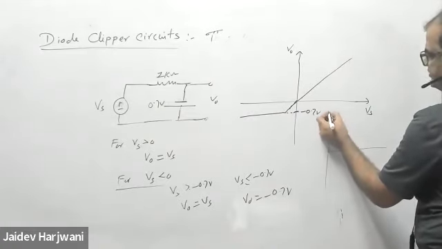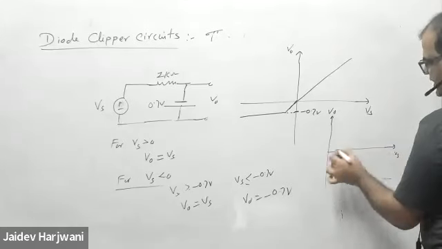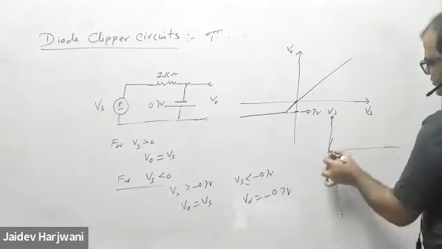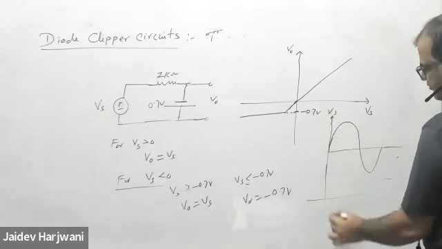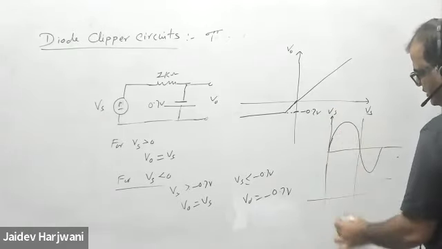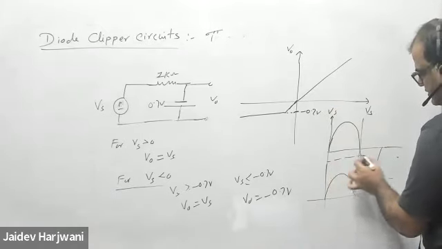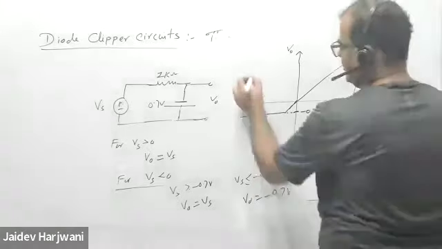Karishma asks to explain the second part again. So suppose this is a sine wave. In the positive part, you always have the diode reverse biased, you get the same thing. In the negative part, until you come to minus 0.7 volt, because the diode is like this.